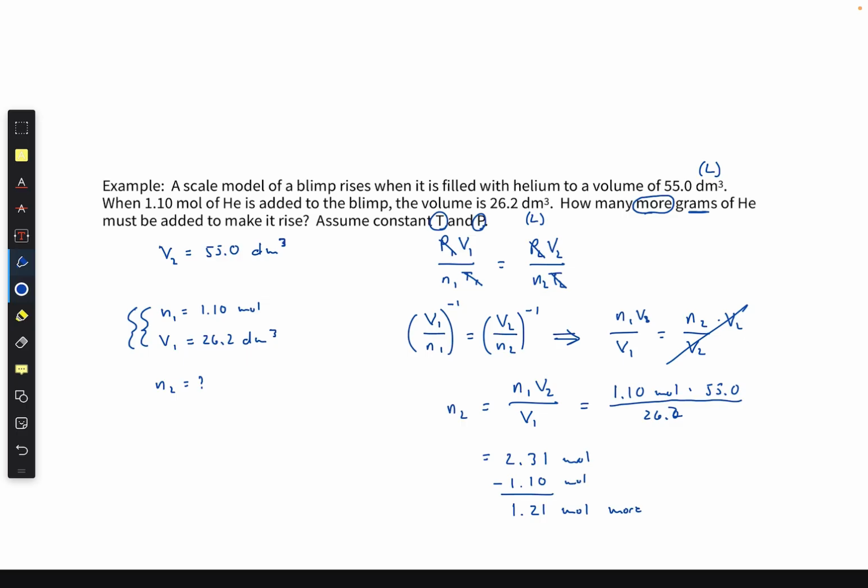And now we can convert to grams. Helium's molar mass is 4.003 if we go to the periodic table. And so I think the simplest way to do that, 1.21, and then times 4.003. So we need to add an additional 4.84 grams of helium.